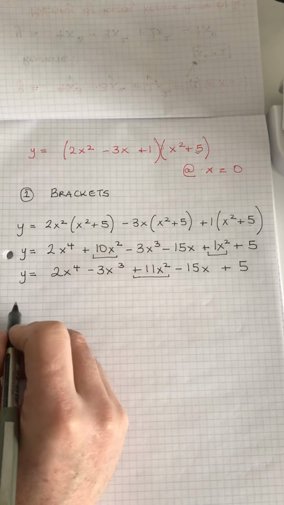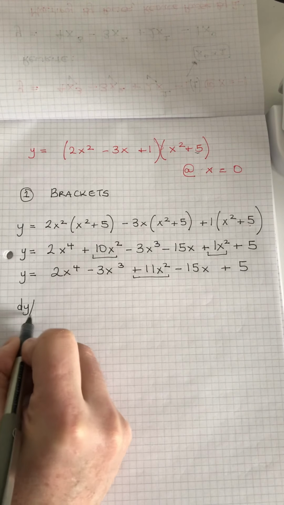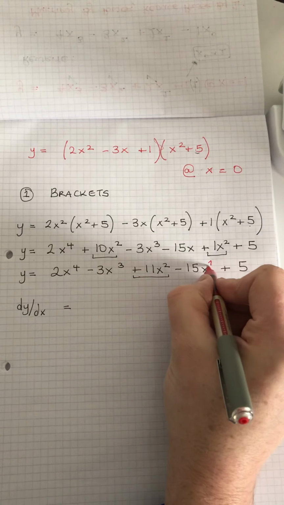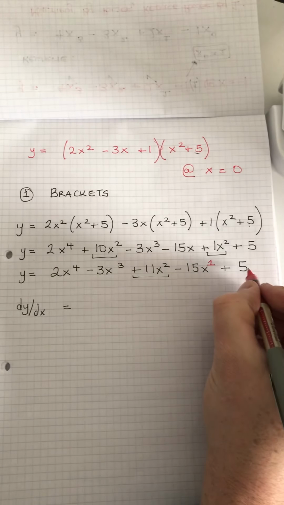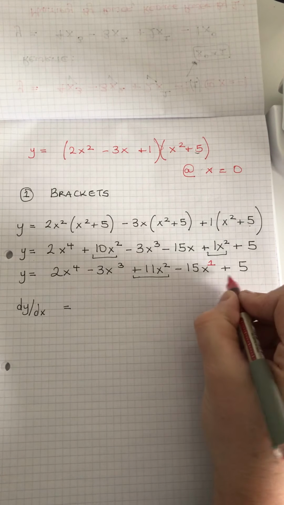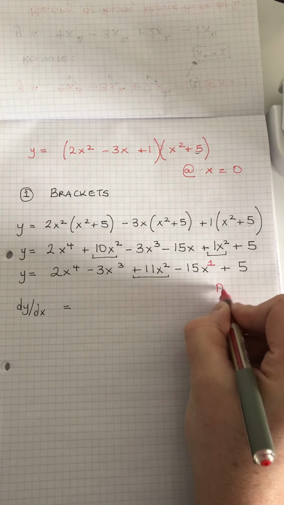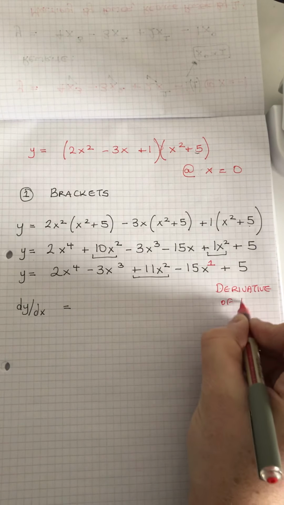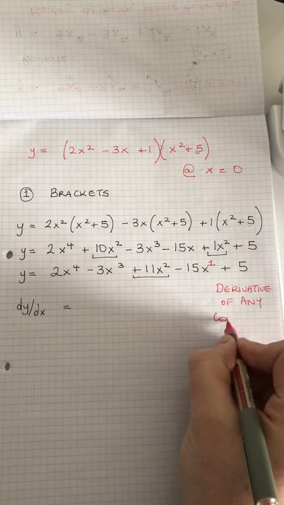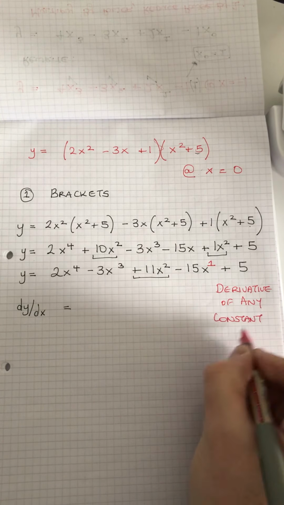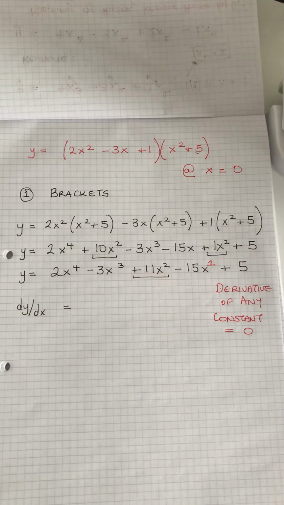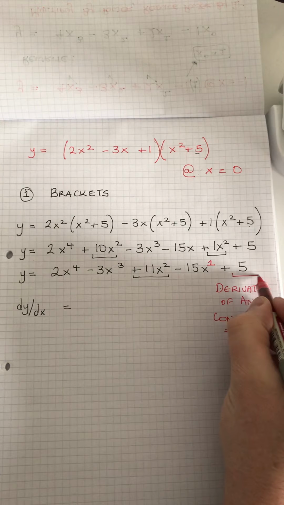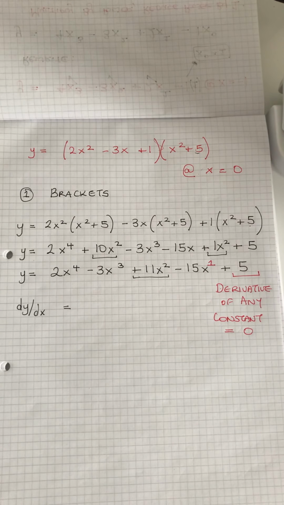Now I'm going to get my derivative, dy/dx. Okay, I'm also going to put x to the power of 1, and 5 on its own, the derivative of any constant is equal to 0. So you don't even have to put in your 5x to the power of 0. Okay, we know that 5 is going to go to 0.